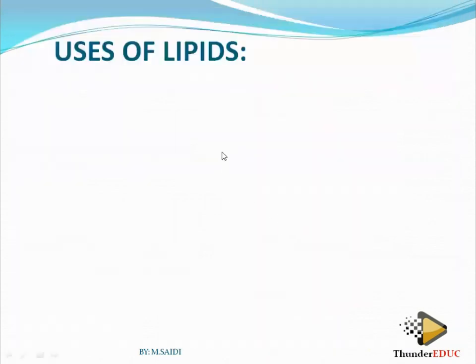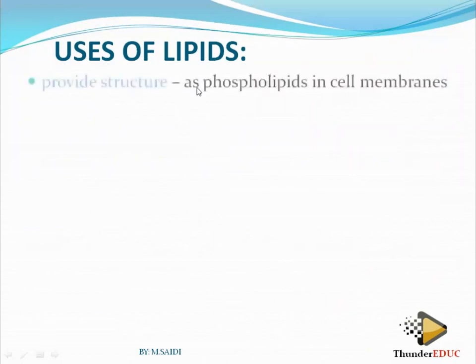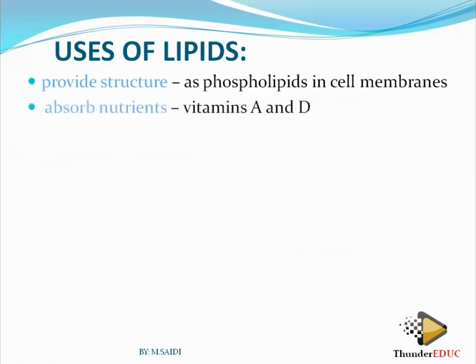So do lipids have functions? Yes, they do. What are some of the functions of these lipids? They provide structure. They're very important in making the cell membrane, so they have a structural function in cells.